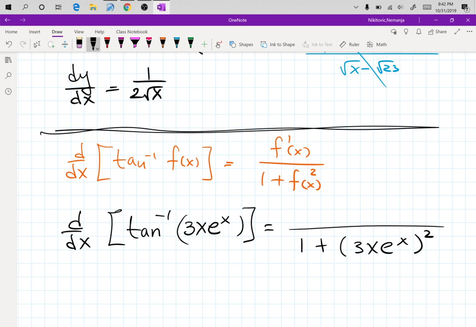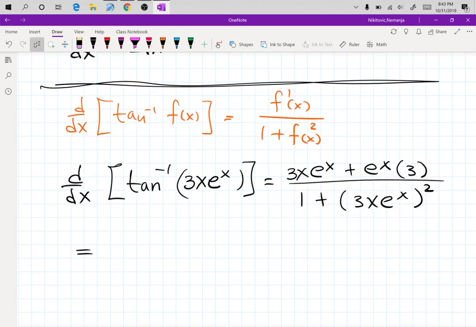And now you take the derivative of f of x, but when you take the derivative of 3xe to the x, you see it's a product rule. Very good. So, product rule. Copy the first, 3x. Derivative of the second is e to the x, plus copy the second, e to the x, times derivative of the first is 3. So this would simplify into, factor out 3e to the x.